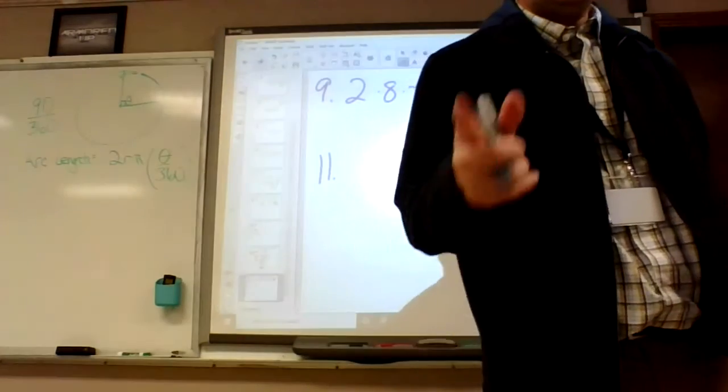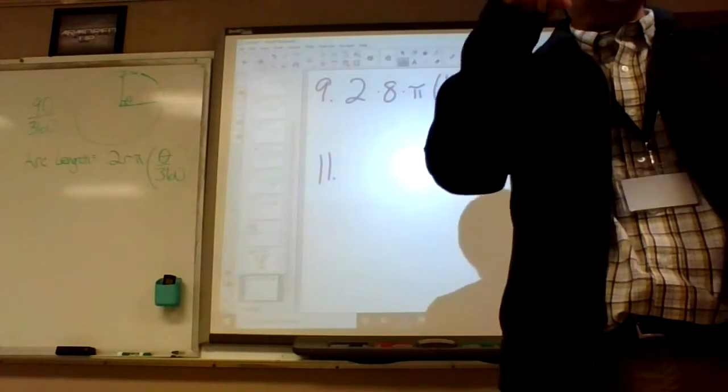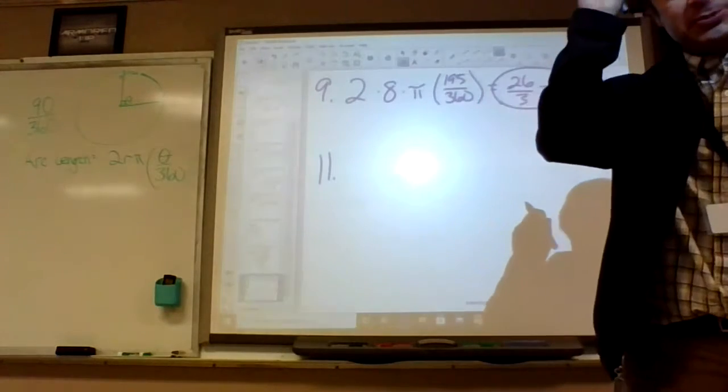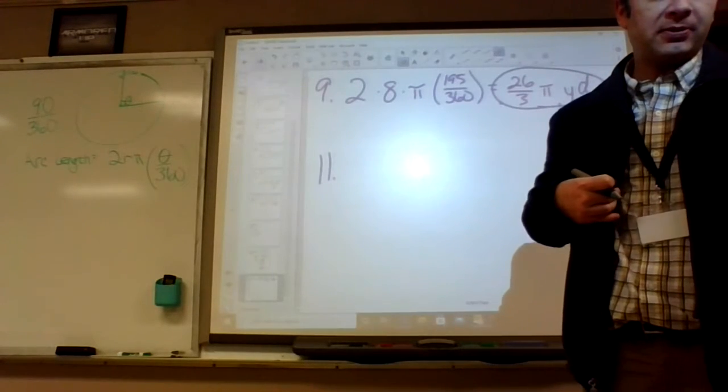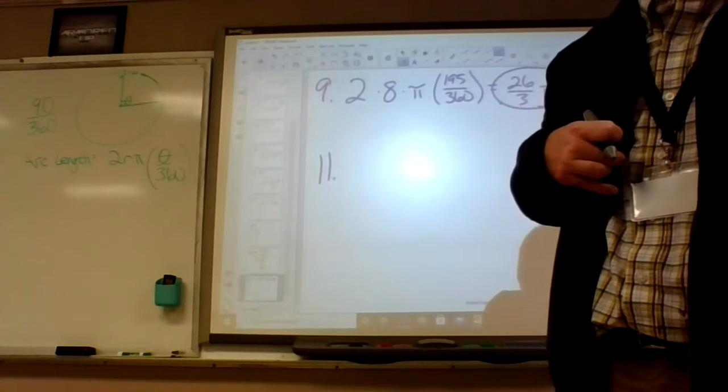Alright. Number 11, this is the 90-degree angle. So we could write 90 out of 360 on this one, but you might just write times 1/4, because that is 1/4 of the circle. I don't know why number 9 was the only weird angle.